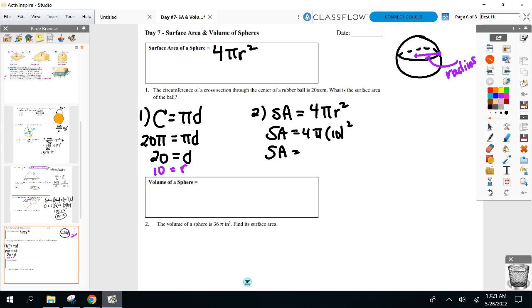Jackson, what do you got in terms of pi? So multiply all your numbers but the pi. 400 pi. And we're back to surface area. So what am I attaching to this now? Centimeters squared. Good, good, good.